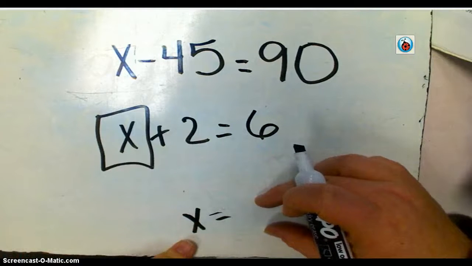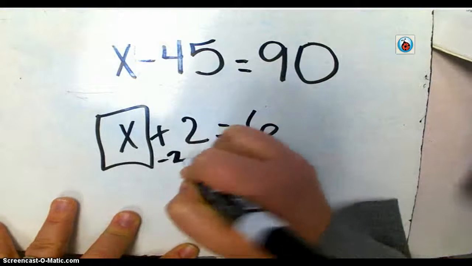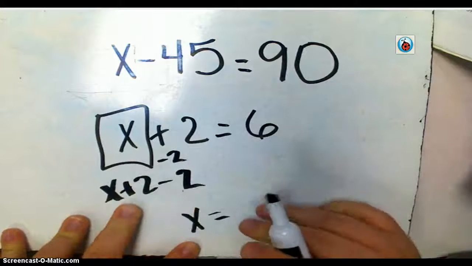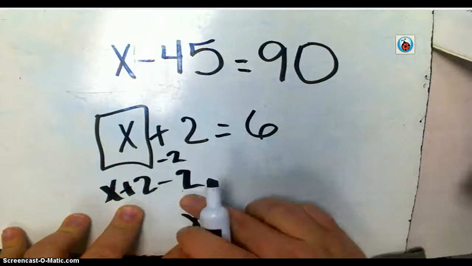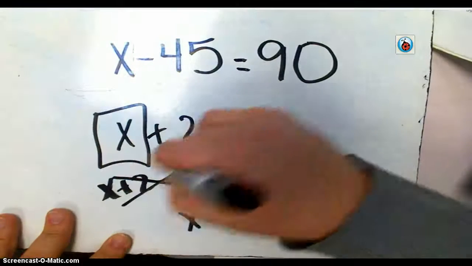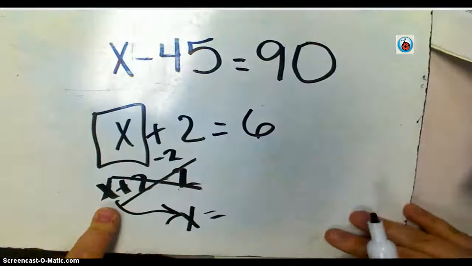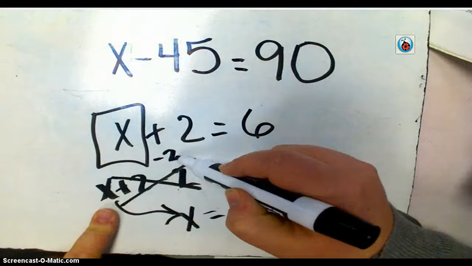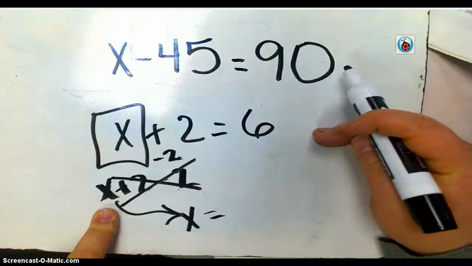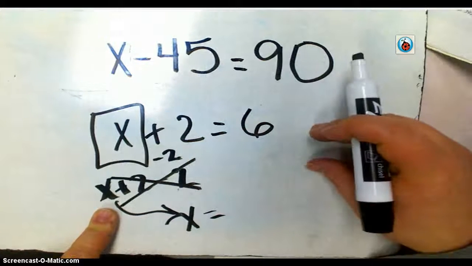Okay, so we talked about the inverse operation. If I subtract 2 from this side, now I have x plus 2 minus 2. Well, if I have 2 and then I take 2 away, that gives me 0, right? So those two cancel each other out, and I'm left just with x. Since I subtracted 2 here, what do you think I have to do over here?